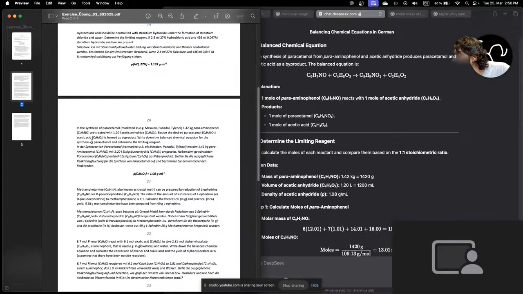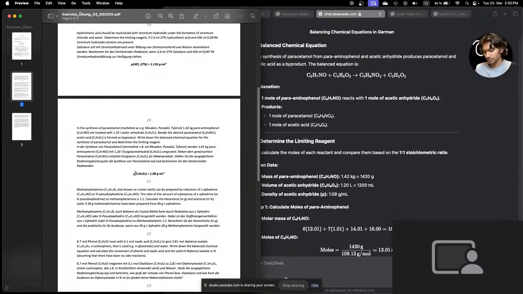This is the anhydrous acetic anhydride. The density of acetic anhydride is given. That means you can calculate the mass from the density. So volume times density gives the mass.